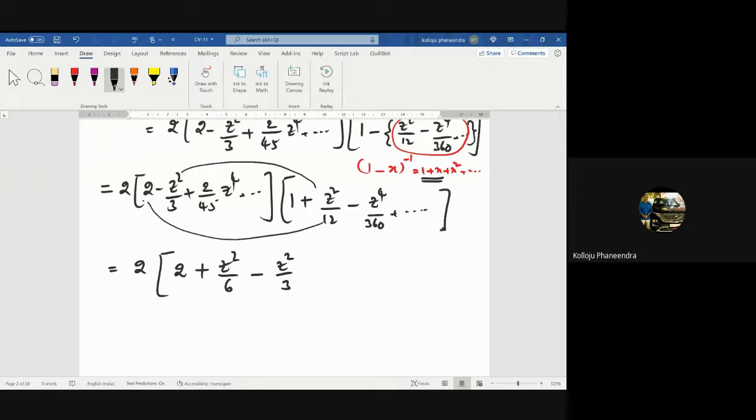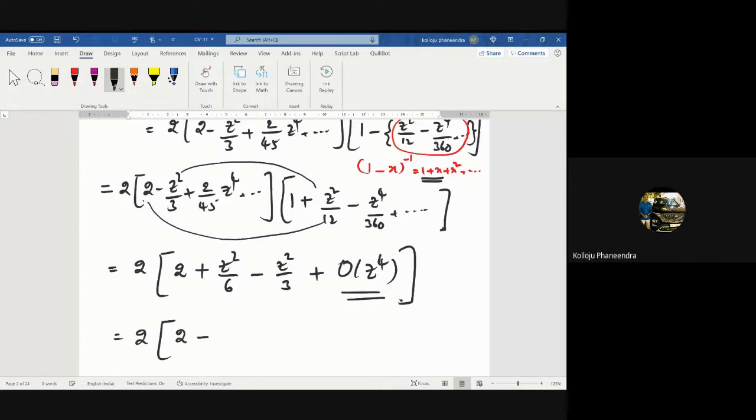This is 2 into this, 2 into this. Next term is z power 4, so I can write this as order of z power 4 terms. That means order of z power 4 contains z to the power of 4 terms, the minimum degree of the deleted terms is z power 4.